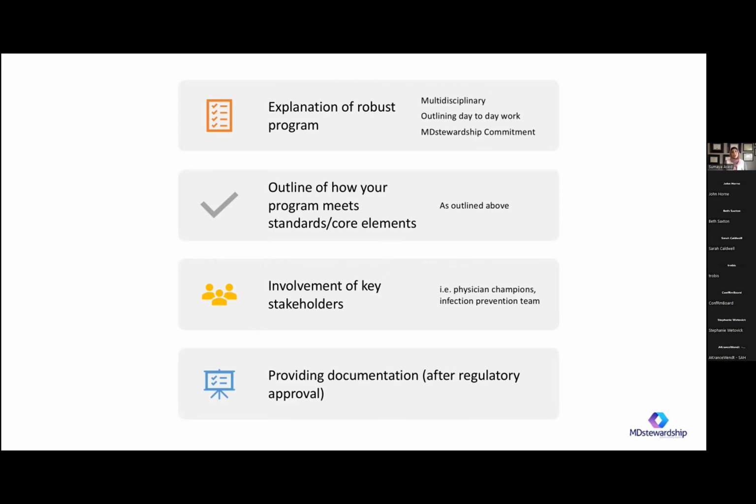We have physician champions and pharmacy. And again, if you work with a multidisciplinary infection prevention or microbiology, make sure to bring that in. And then provide documentation. So you have Zoho reports for interventions, or you have a new pathway or guideline that was updated. Being able to show those to a surveyor is really important to outline the program.